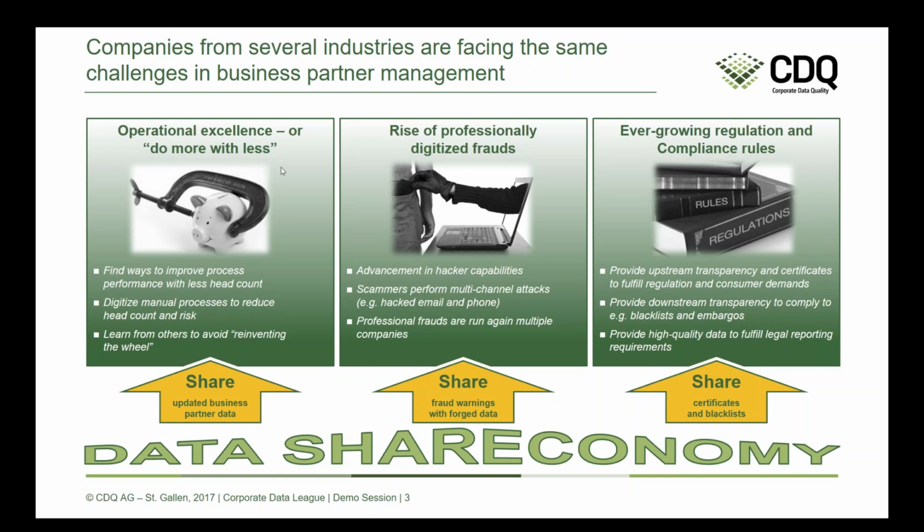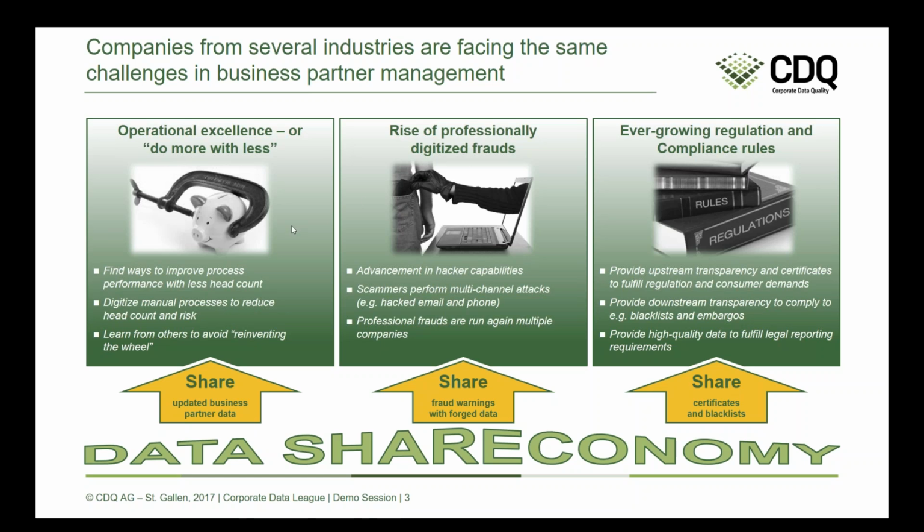And this is the basic idea of the Corporate Data League. At the end, to do more with less. That means less maintenance effort because you share the efforts, and more data quality because more companies are using the same data, and so quality increases.